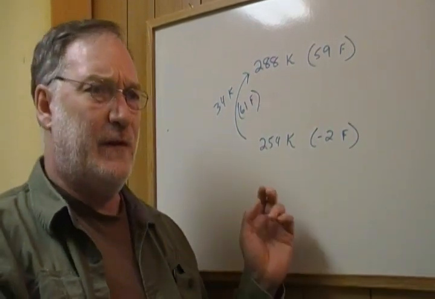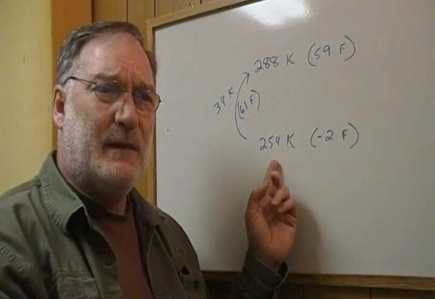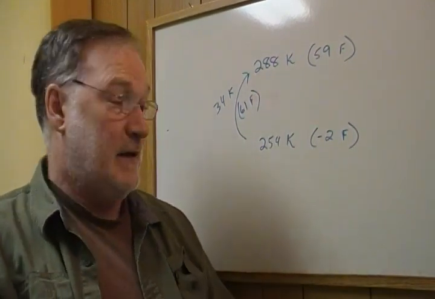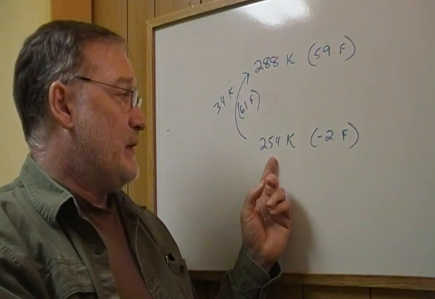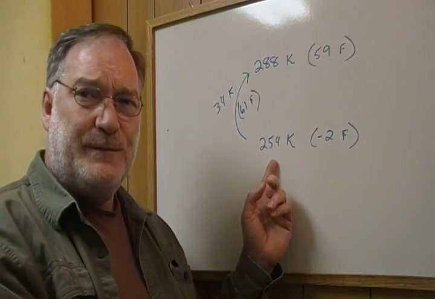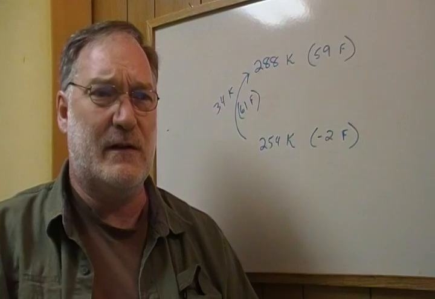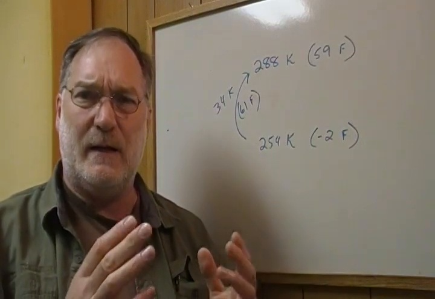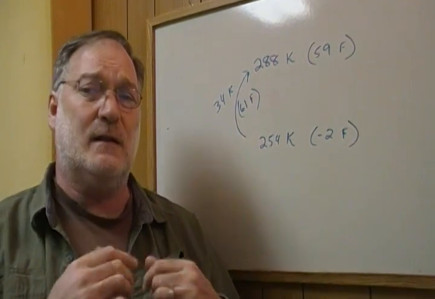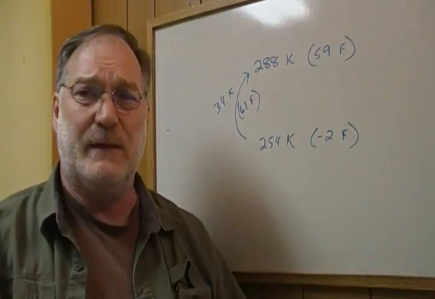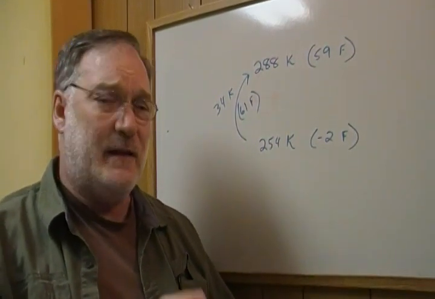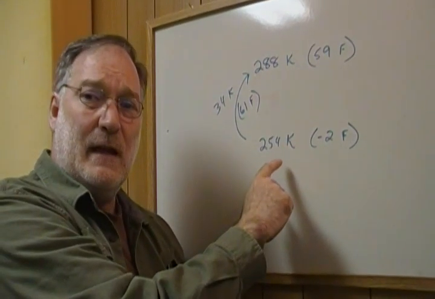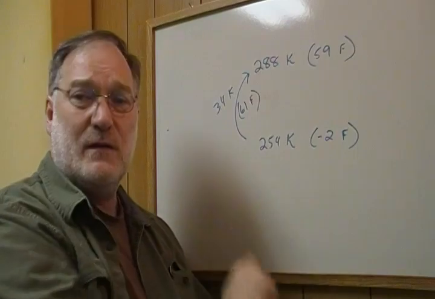That temperature, 254 Kelvin, is known as the Earth's blackbody temperature. If the Earth was a perfect blackbody, a perfect absorber and a perfect emitter of radiation, then it's said that the Earth's blackbody temperature would be 254 Kelvin or -2 Fahrenheit.